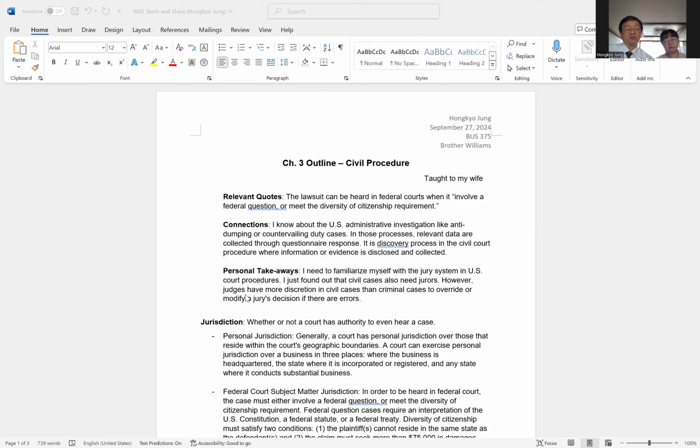However, judges have more discretion in civil cases than criminal cases to override or modify a jury's decision if there are errors.